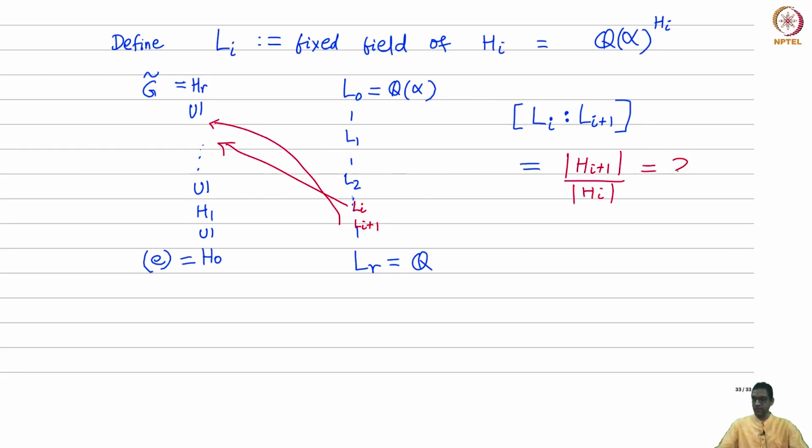And now the way we have chosen it, this is just 2. Okay, so that completes the proof. So that says that you can actually construct such a tower of successive quadratics, where alpha belongs to the topmost field in the tower. So this completes the proof. This implies that alpha is constructible.